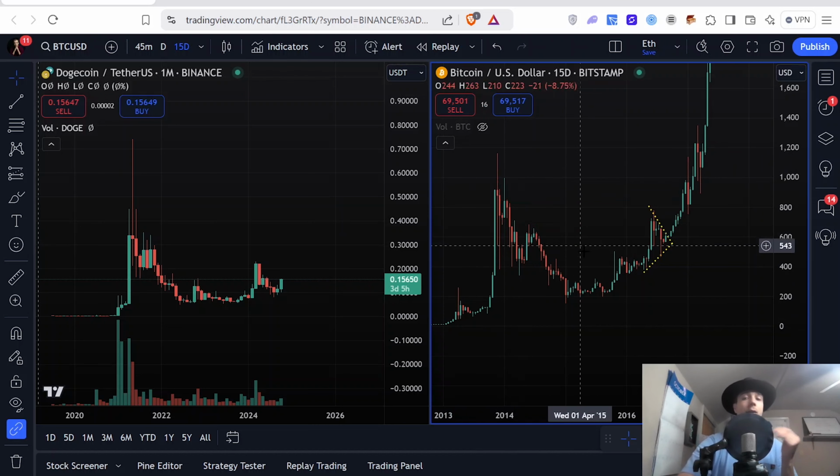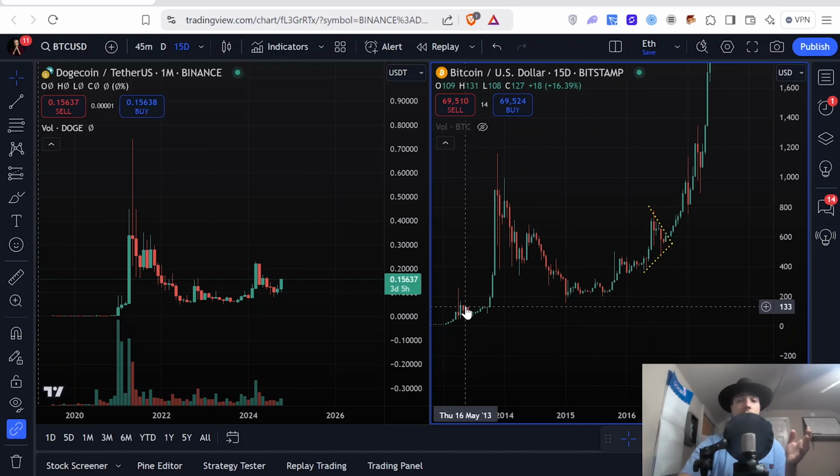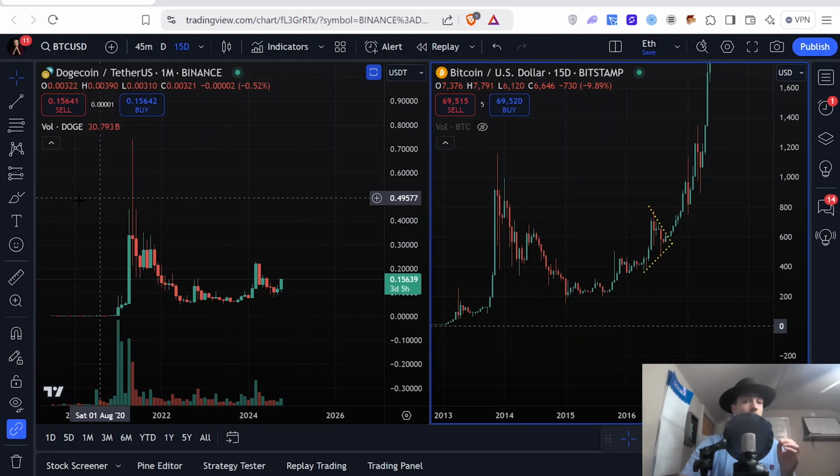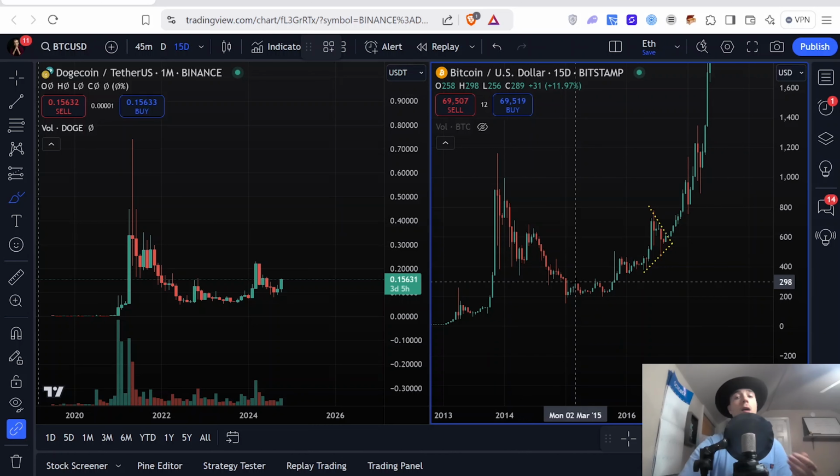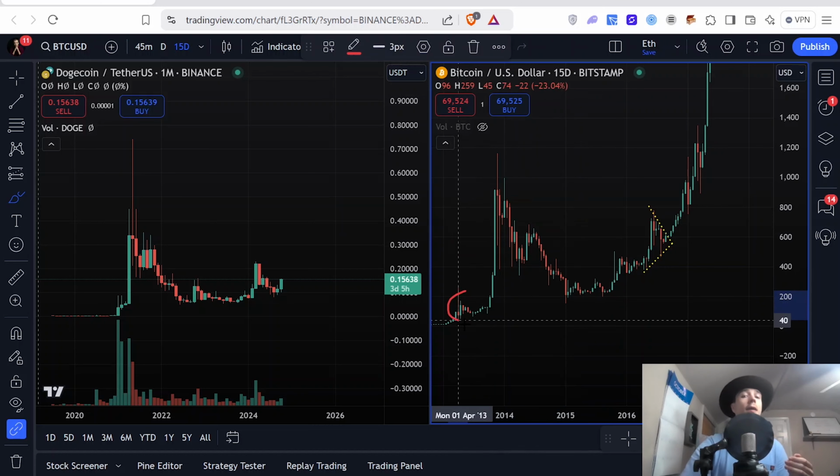Then you have a big correction pulling you back down to usually somewhere where the first sell-off happened. That's exactly what took place here on Bitcoin: a huge extended parabolic run, and then a big extended correction, pulling it all the way back down to those prices that it was at during the first sell-off.